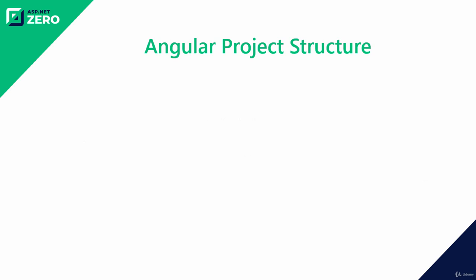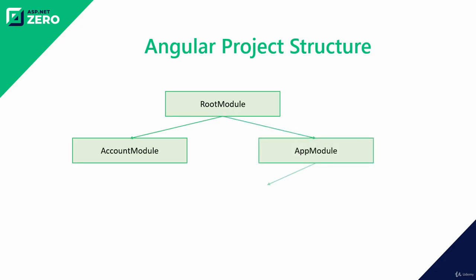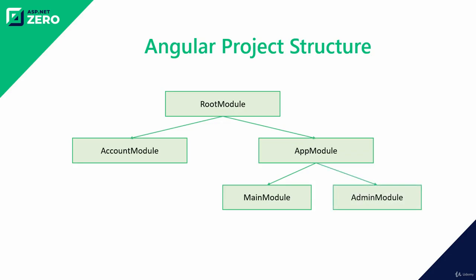Just like a regular Angular application, ASP.NET Zero contains several modules. There is one application level module, the root module, used for bootstrapping the Angular app. This can be found in the main.module.ts file. A very important module is the account module.